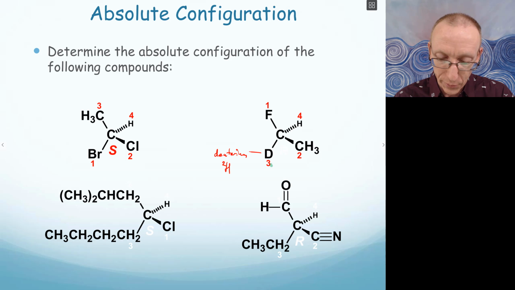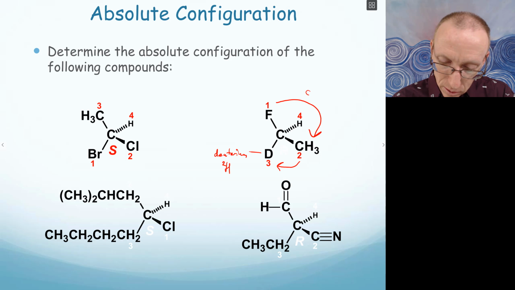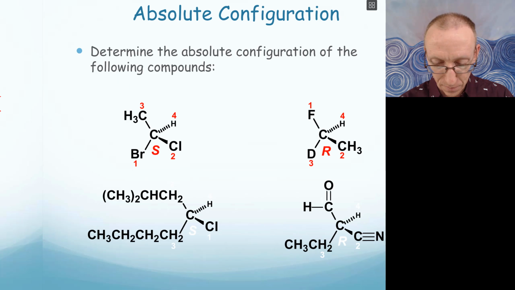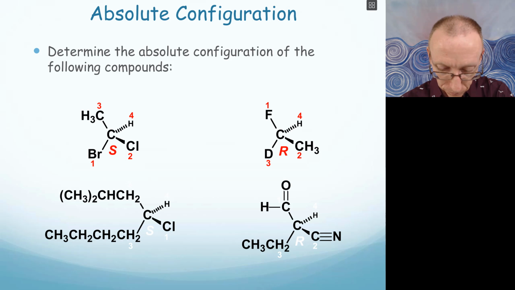So it's 4, 3, carbon next, and then highest priority is fluorine. So we get the lowest priority group at the back, and we're going in a direction from 1 to 2, which is clockwise. Clockwise equals R, so this compound is the R configuration. There we go.